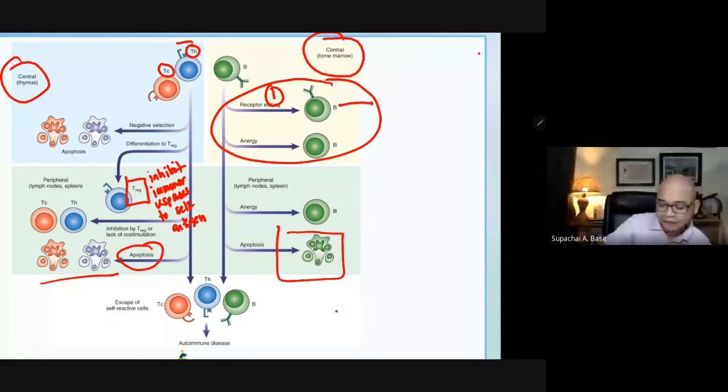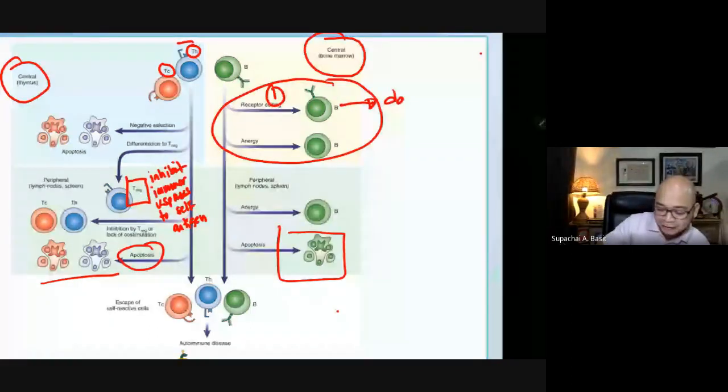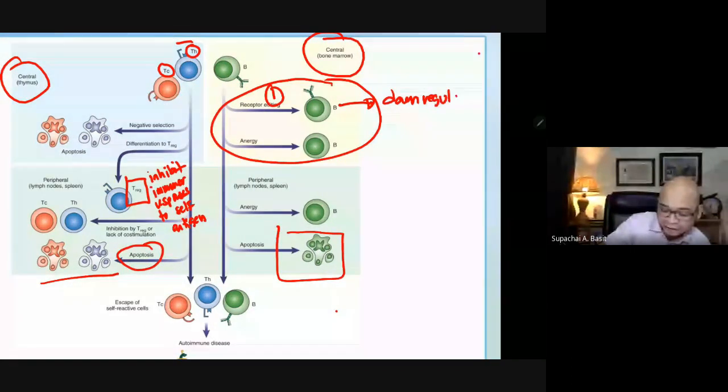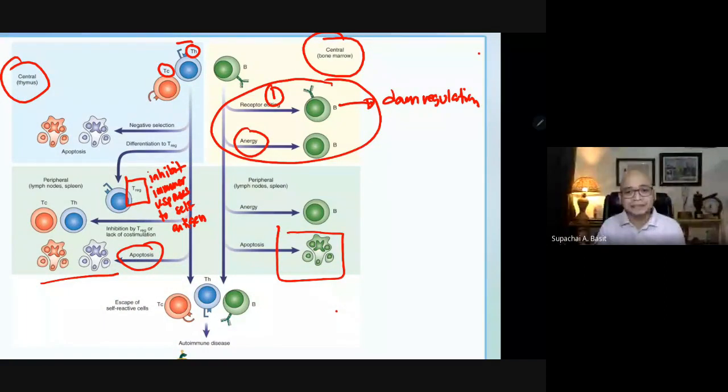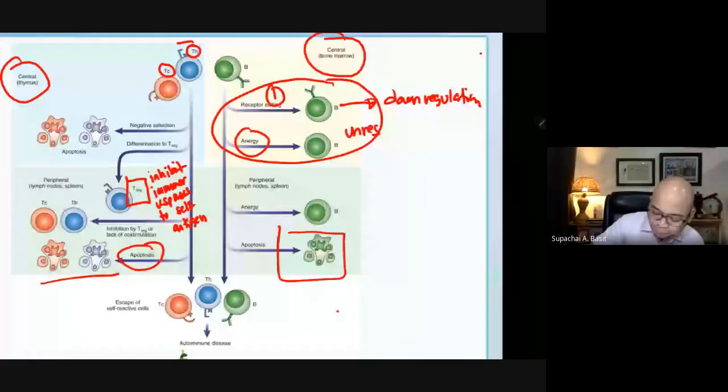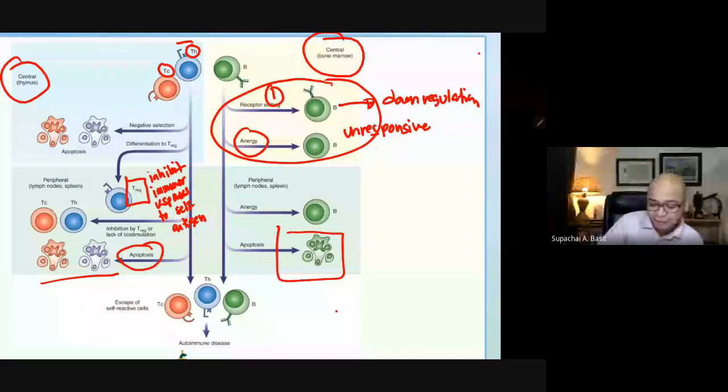If there's receptor editing, it means that there is a downregulation. So they will now possess the characteristic called anergy. Anergy is a very important way to prevent autoimmune disease because they become unresponsive to antigen.